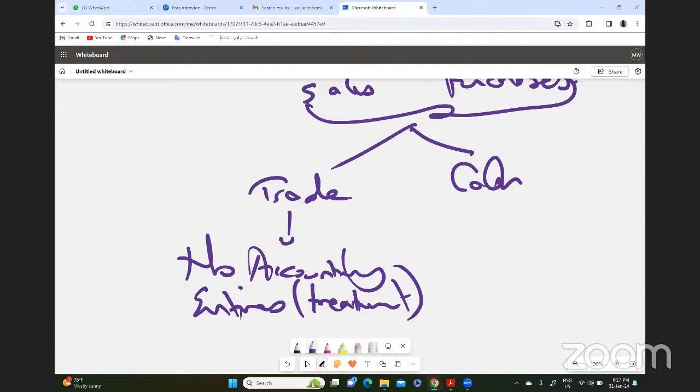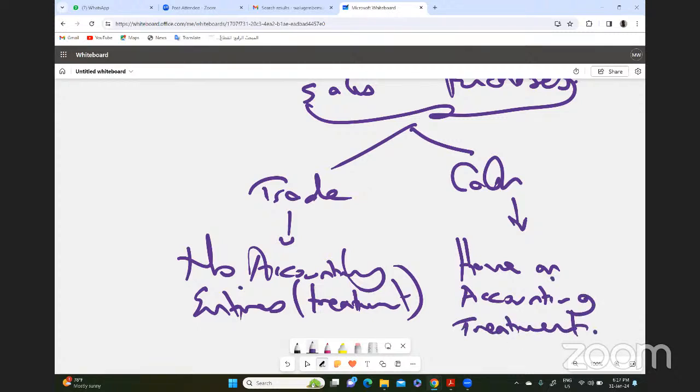Cash discounts definitely have an accounting treatment, and we shall be seeing this immediately after the cash book. We shall understand what happens if there is a cash discount, and how we pass such an entry in our books of accounts following the double entry system.